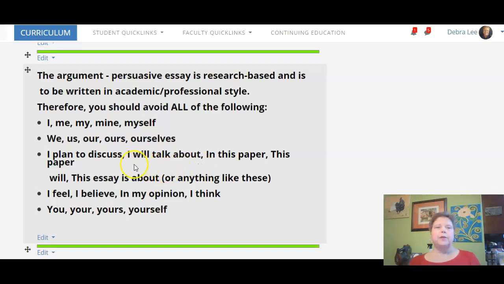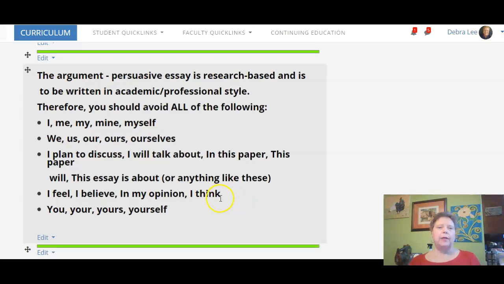Also, nowhere in the paper should there be an announcement of the assignment. I plan to discuss, I will talk about in this paper, this essay is about, or anything like that, because you're just going to plainly state it and back it up with evidence. That's what you're doing. So instead of telling your reader what you plan to do, just simply do it.